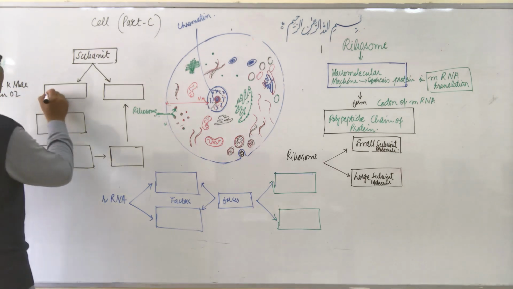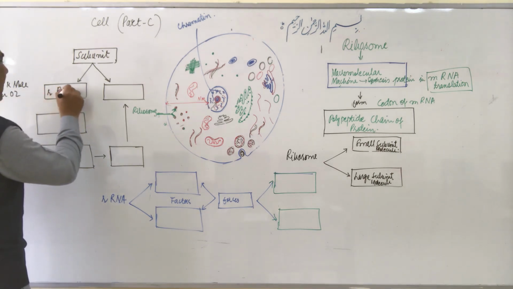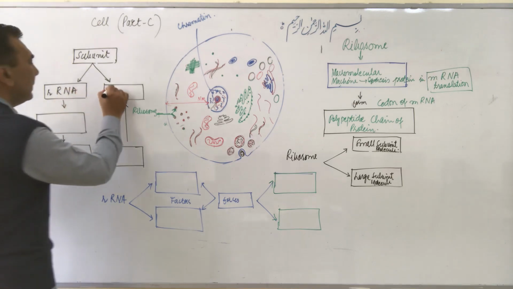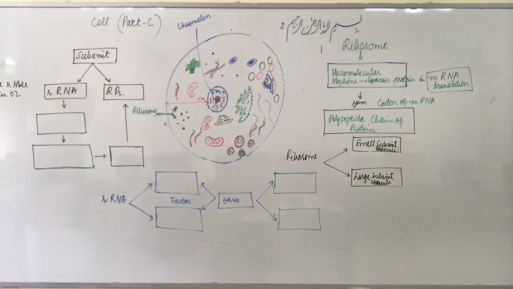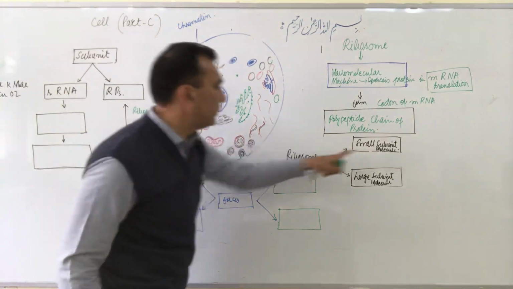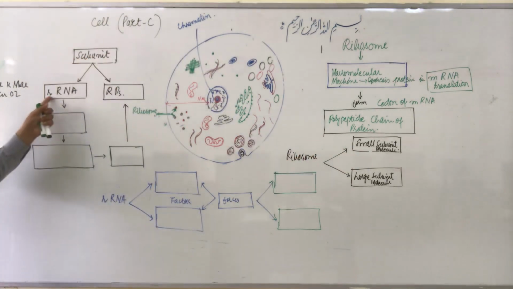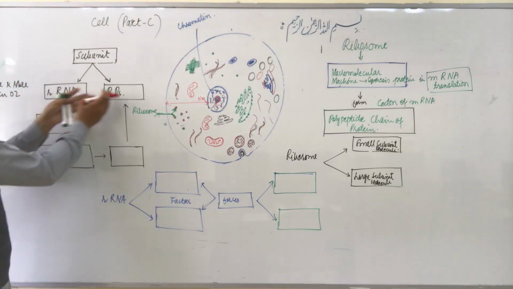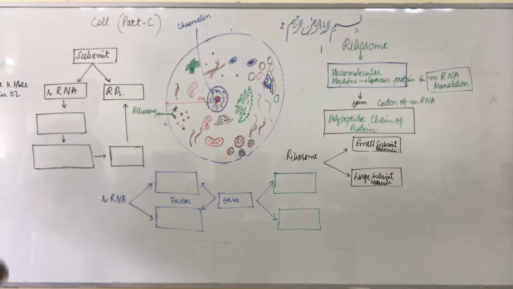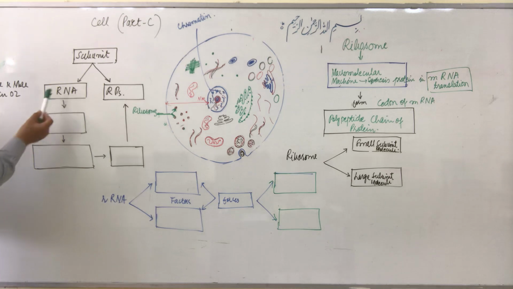Each subunit of the ribosome is made up of one or more molecules of ribosomal RNA and ribosomal proteins. Now we will learn in more detail what the ribosomal RNA is and what the ribosomal protein is.